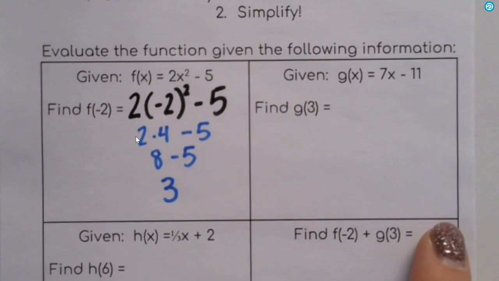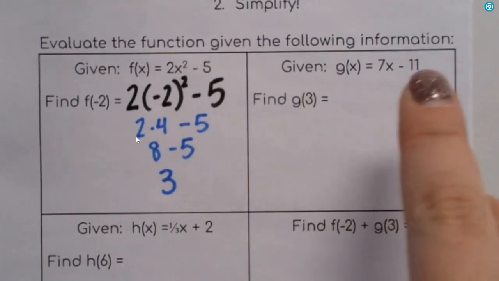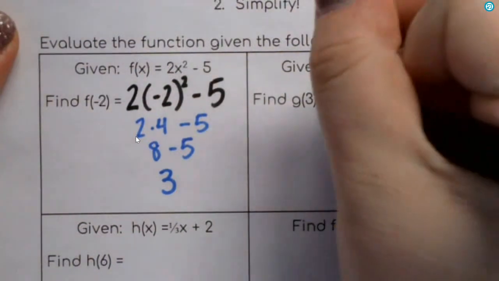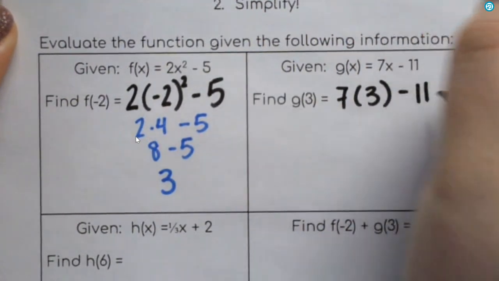Okay, next one. G of x equals 7x minus 11. We're asked to find g of 3. So we have a completely different function. We're asked to plug 3 in. So this one's going to be 7 times 3 minus 11.